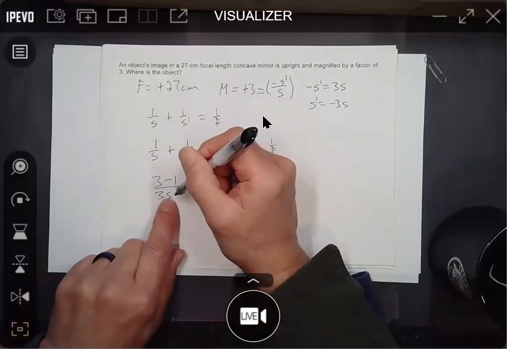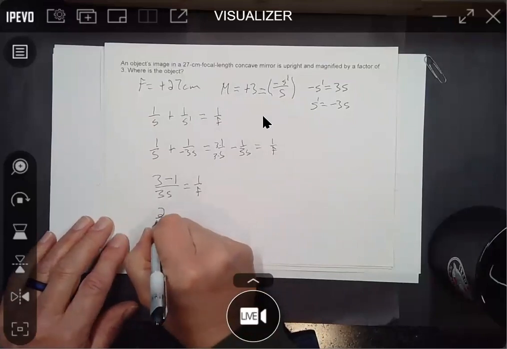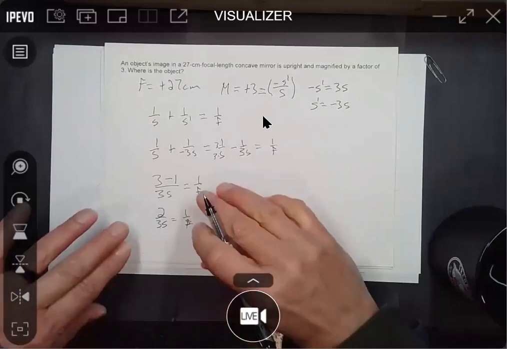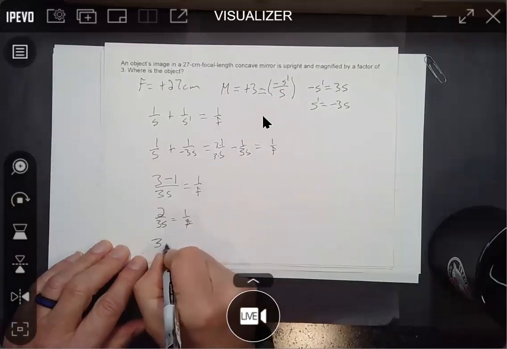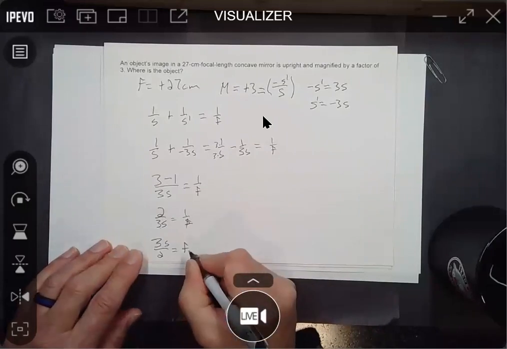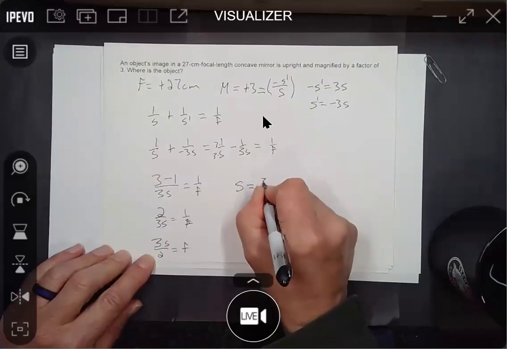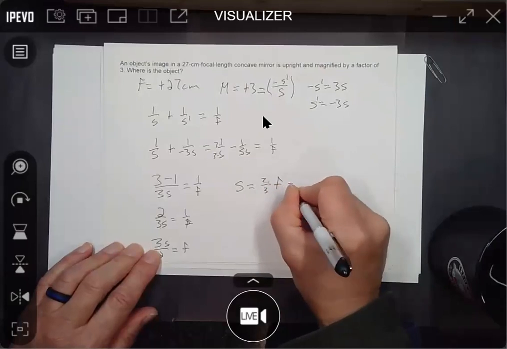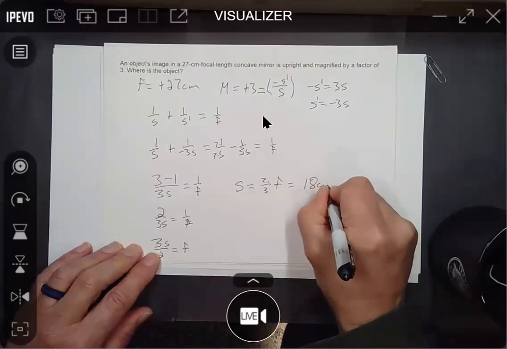Where's the object? I want to know what S is. Well, that's 2 on top. So 2 over 3S is equal to 1 over F. Simple fraction equals simple fraction. Flip them both. So 3S over 2 equals F over 1, but that's just F. So S is equal to, multiplying both sides by 2/3, 2/3 F. And 2/3 of F is 18 centimeters.